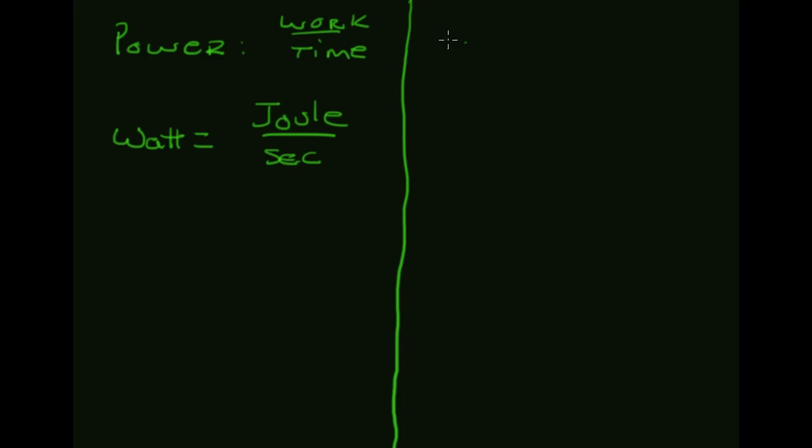Okay, so scientifically, work is force times distance. So you have to push something with a certain amount of force over a certain distance. If you do that, you're doing work, and we measure that in joules.